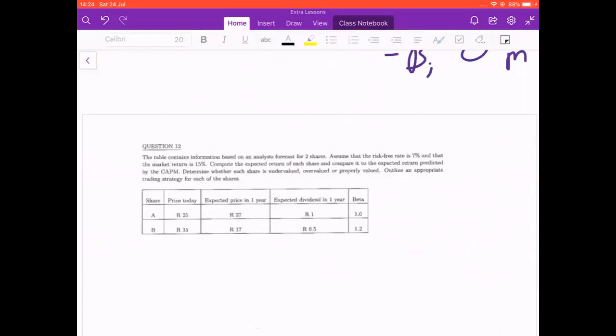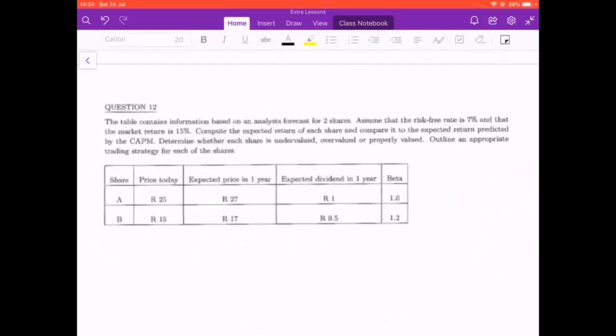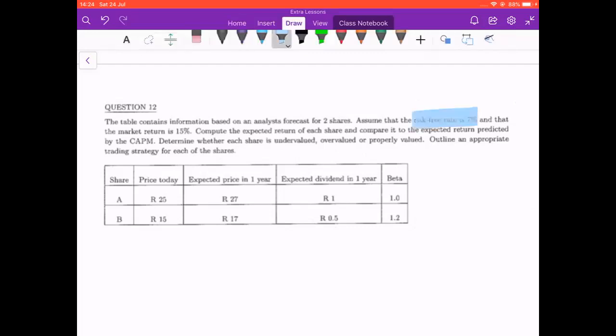There's a question then. Question 12, I forgot where it comes from. The table contains information based on an analysis of 2 shares. Assume that the risk-free rate is 7%. I'm not sure if you can see, it's not very visible.